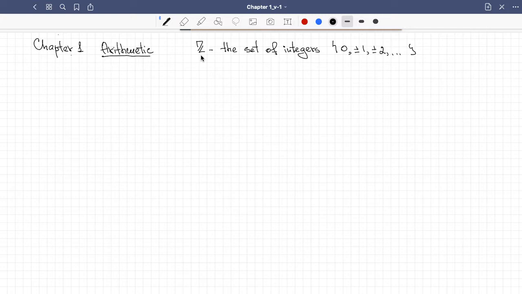Later on in this class, we will meet other objects which we'll call rings. And they are in a sense similar to the set of integers with its operations of addition and multiplication.